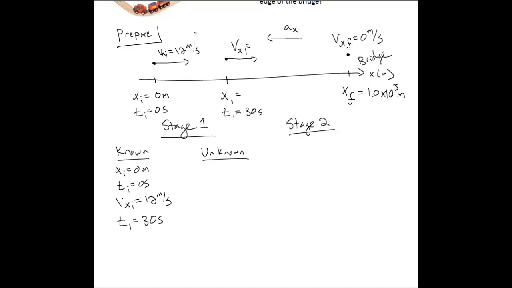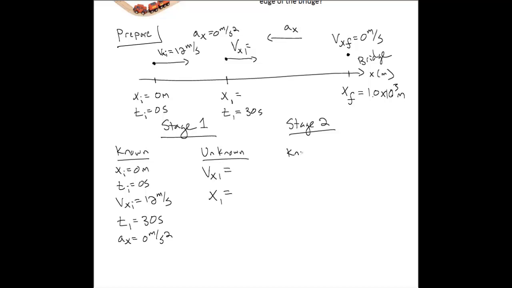We also know that there is no acceleration during this stage. The train should be moving at constant velocity, so let's explicitly say that the acceleration is 0. What do we not know? Strictly speaking, we don't know the velocity at the end of stage 1, and we don't know its position at the end of stage 1.